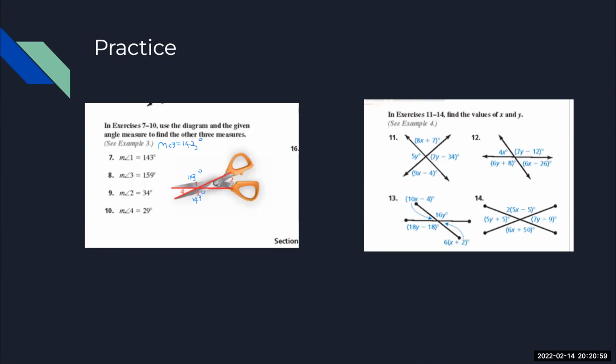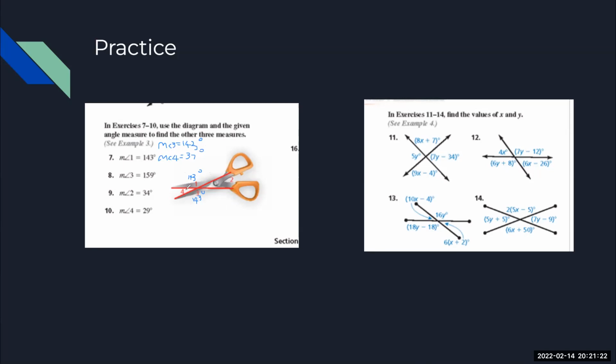And according to the supplementary theorem, you know that measure of angle 4 plus measure of angle 3 is 180 degrees. So measure of angle 4 is equal to 37 degrees because they have to add up to 180 degrees.